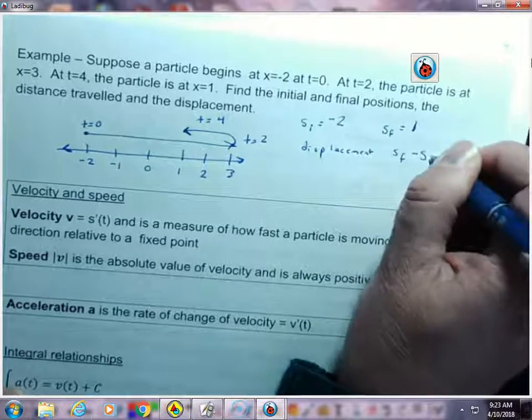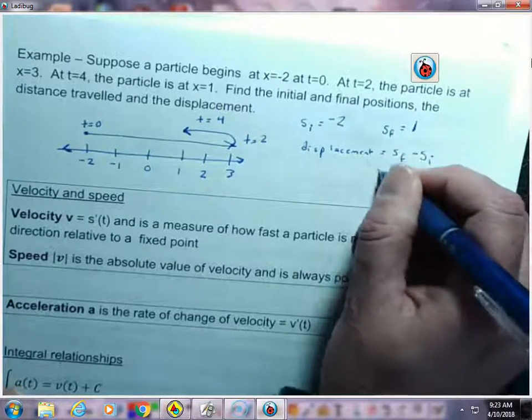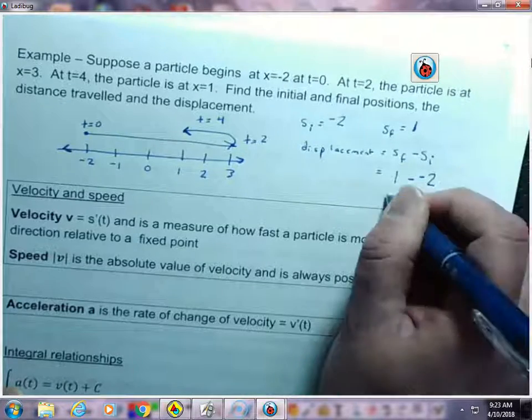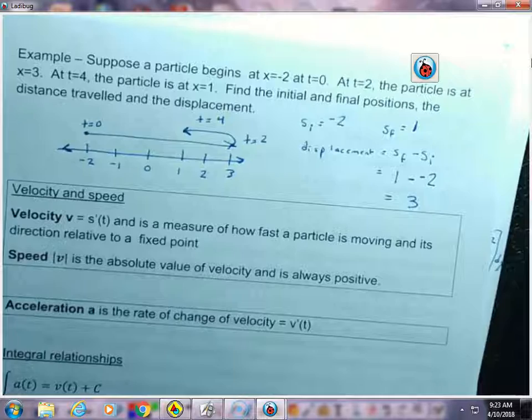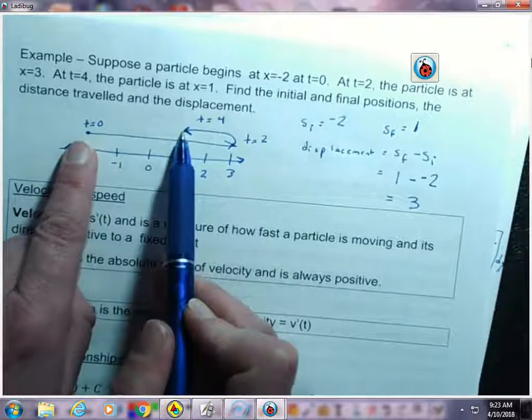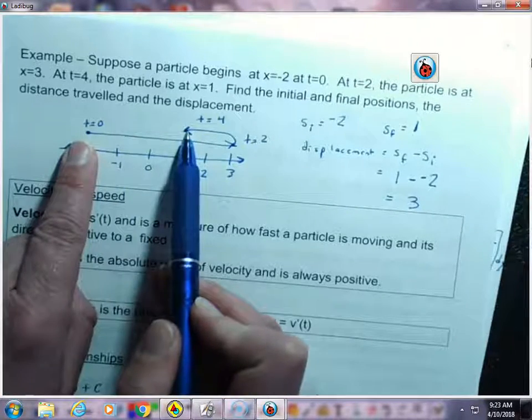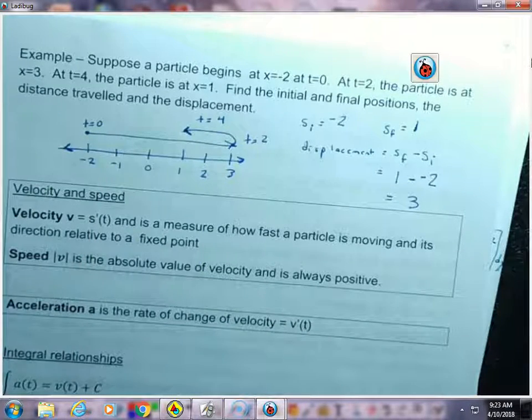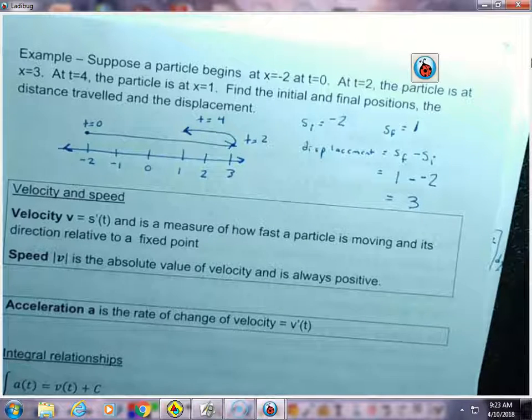That's final minus initial, so 1 minus a negative 2. All that's saying is compared to where you started, you're now 3 to the right of where you started. It doesn't tell you where you are, because you're certainly not at 3, but it tells you where you are relative to where you started.